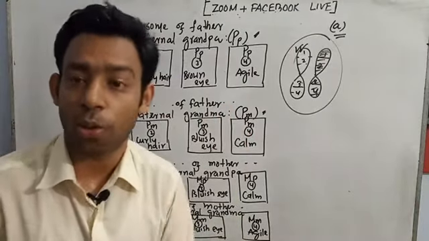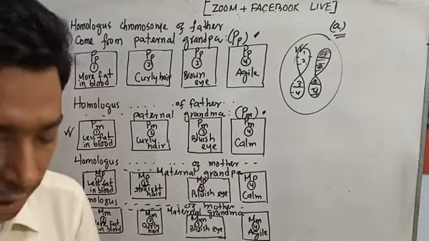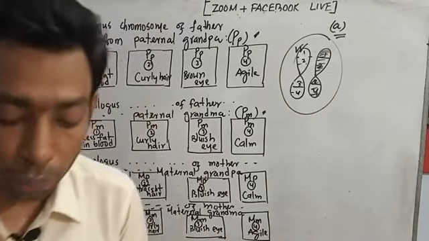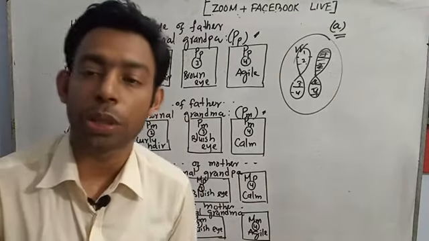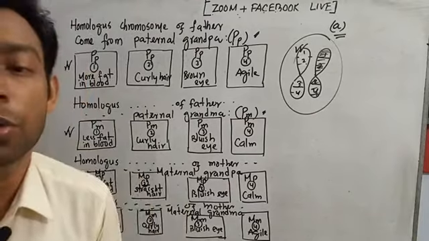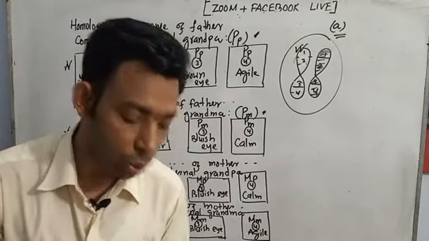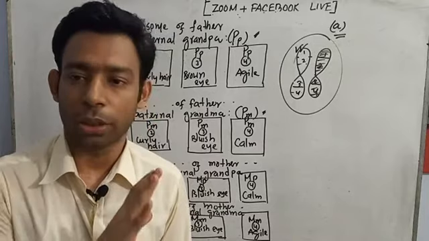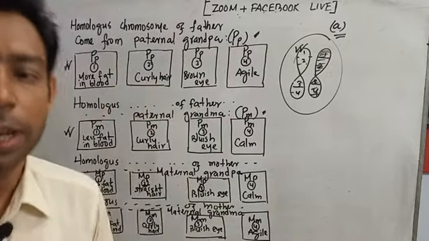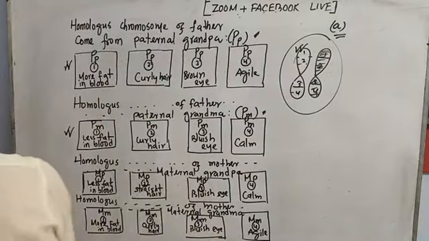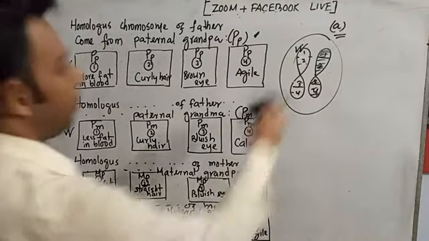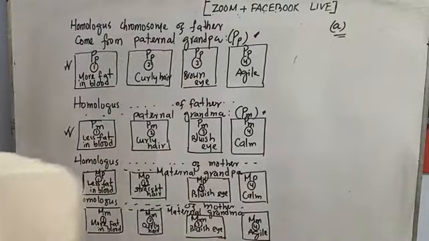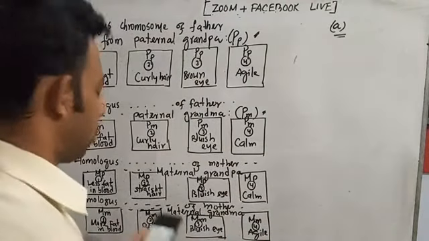Otherwise, if there is no crossing over, since the question is asking, meiosis without crossing over, this is round 1 and this is to be done for answer number A. What I make you understand now, just follow me and I will make it easy, what is mentioned and what to do accordingly.